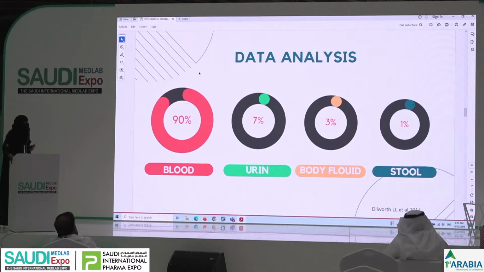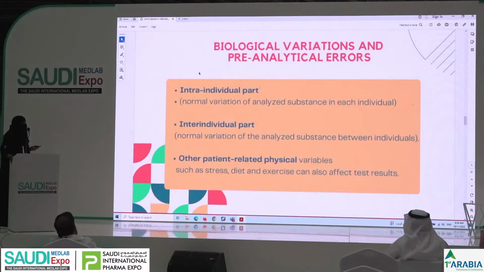So this is a major issue. We need to look into it and sort this issue out. The second thing, only about 7% of urine samples are rejected due to inappropriate collection of the sample. Then 3% is body fluid, and finally the stool.